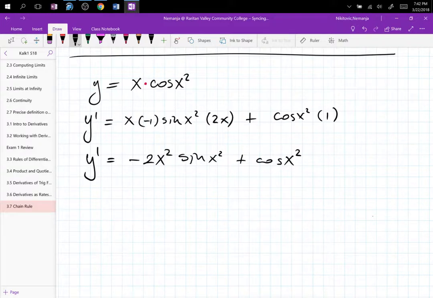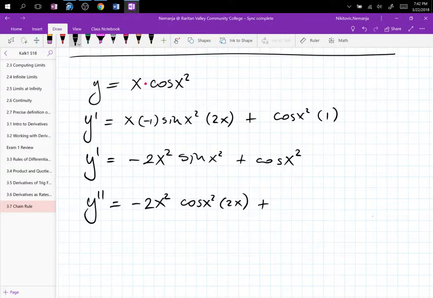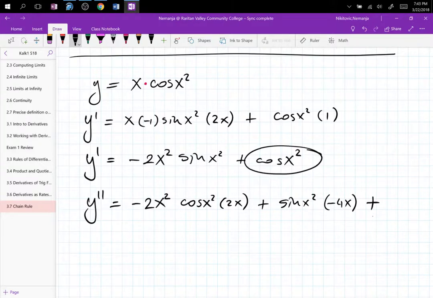Now take the derivative of that. So y double prime, which is the second derivative, is, this is the first, so copy the first, negative 2x squared, times the derivative of the second, cosine x squared times 2x as a chain, plus copy the second, sine x squared, times the derivative of the first, negative 4x. And then plus the derivative of this term, which is negative 1 sine x squared times 2x.